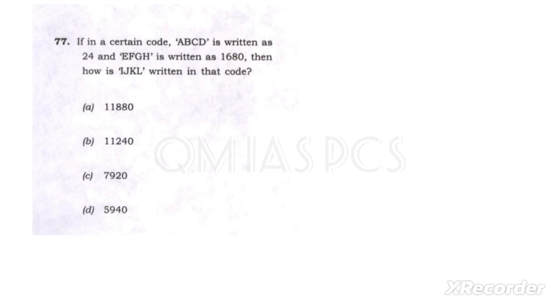Okay, look at this question. This question is from 2024. They have given: if in a certain code ABCD is written as 24, clear? ABCD is equal to 24. Second, EFGH is equal to 1680.